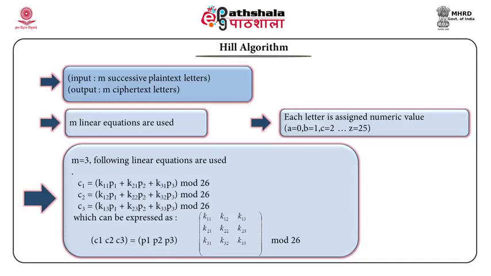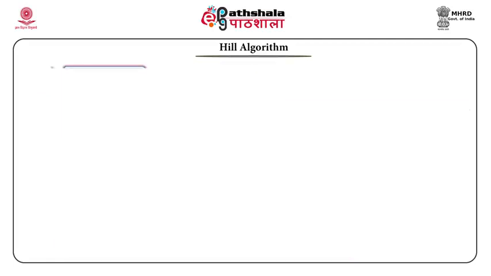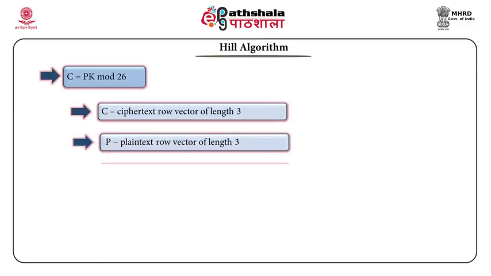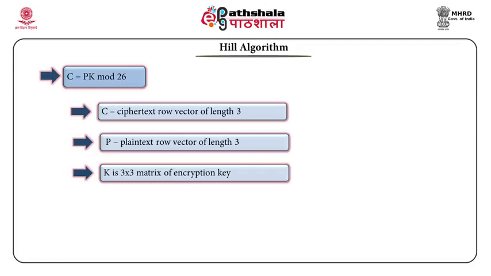How are they built? The key is given as a 3 by 3 matrix, plain text is given, so we need to consider 3 plain text letters. To compute ciphertext 1, 2 and 3, P1, P2, P3 should be multiplied by the key and modulo 26 should be taken. So the Hill algorithm has an equation: to compute ciphertext, plain text should be multiplied with the key, modulo 26. If the key is of order 3 by 3, then ciphertext should be of length 3 and plain text should be of length 3.